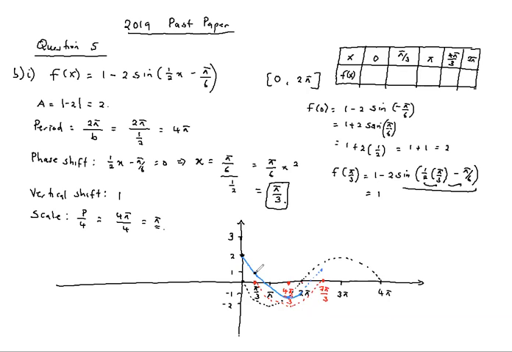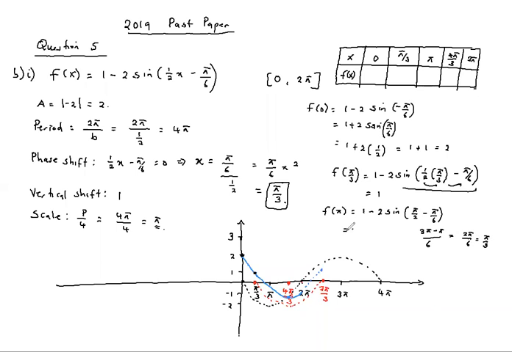What about pi? So f of pi is going to be 1 minus 2 sine pi over 2 minus pi over 6. That is 6 down, 3 pi minus pi, and that is 2 pi over 6, which is pi over 3.